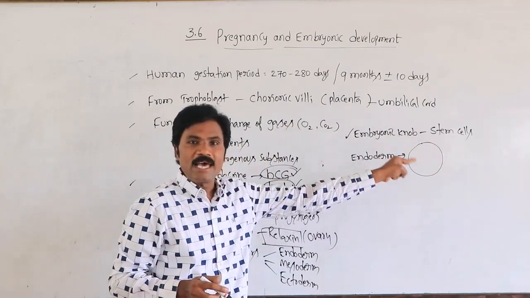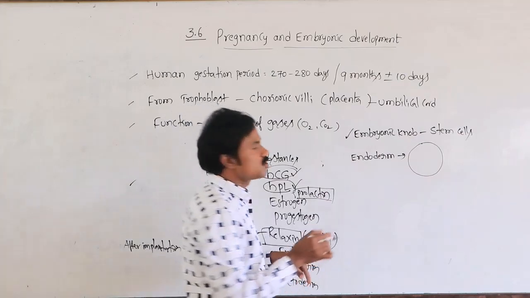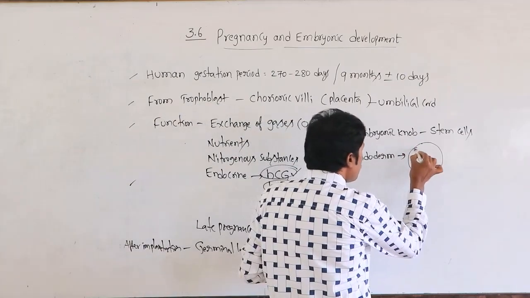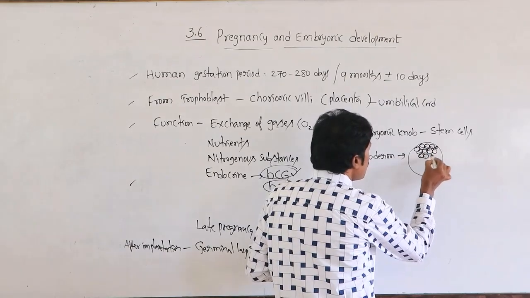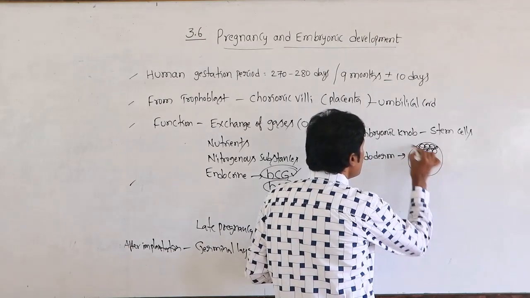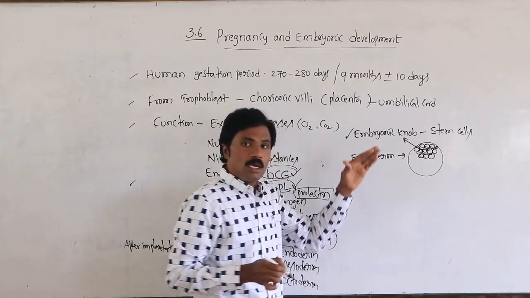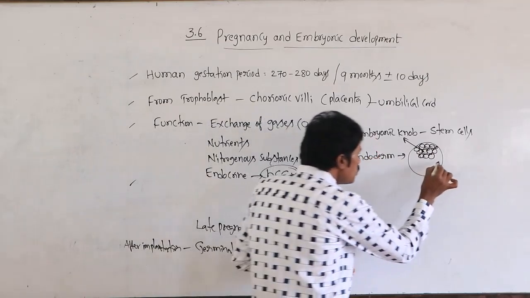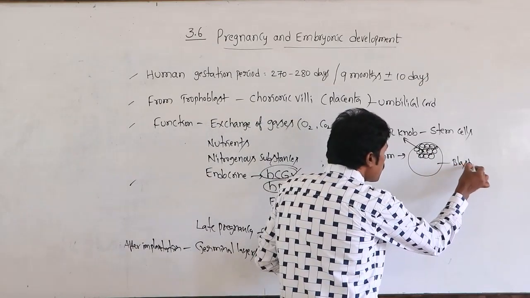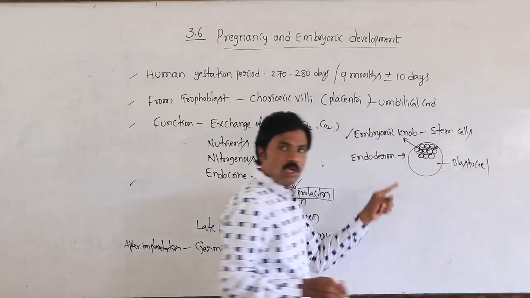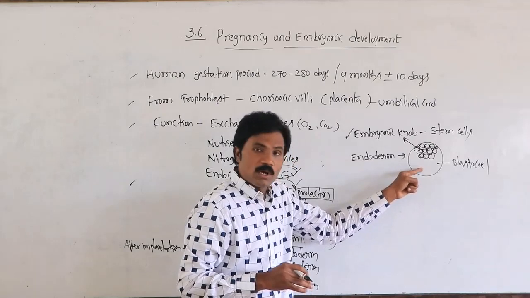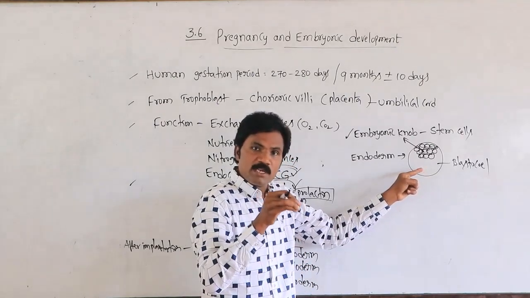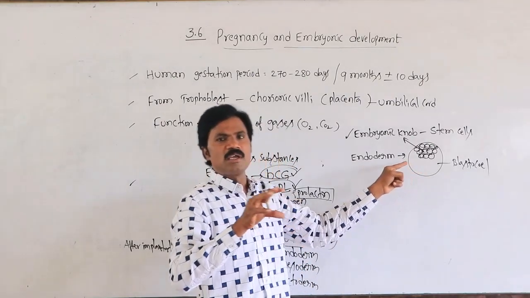This is the blastocyst, and in this blastocyst, this is what we call the embryonic knob. In it is the blastocele. Until formation of the blastocele, it does not increase at all.